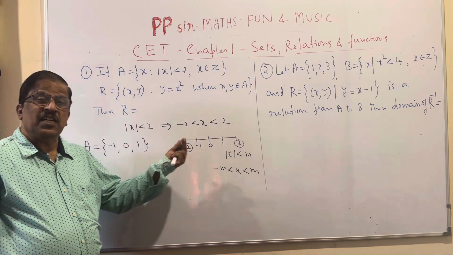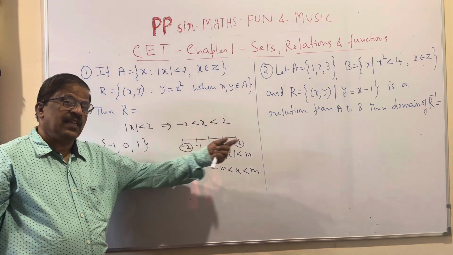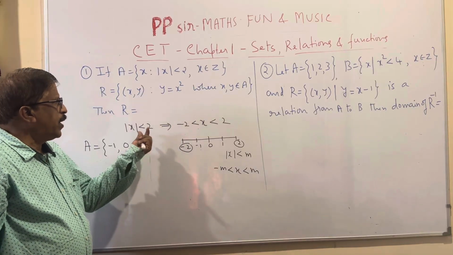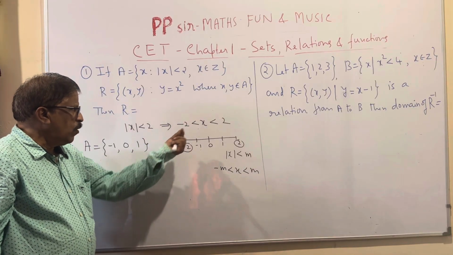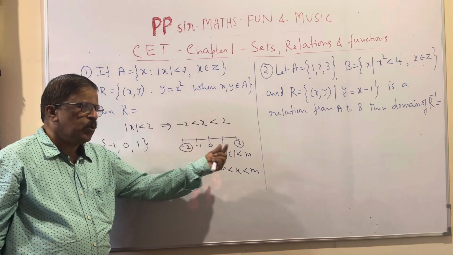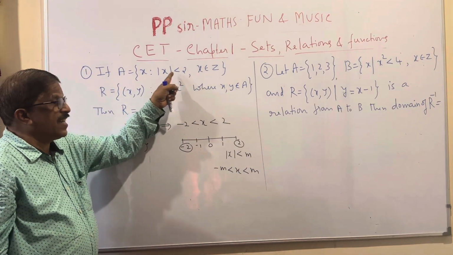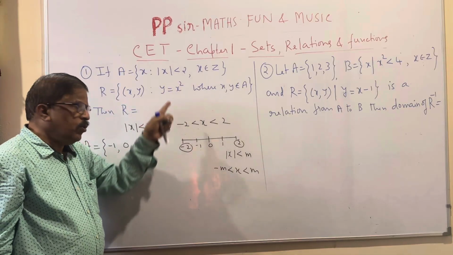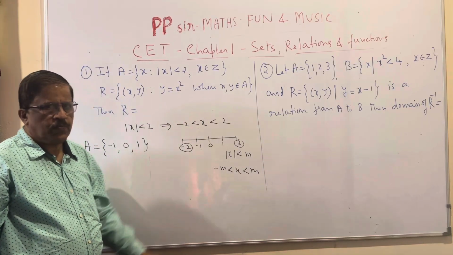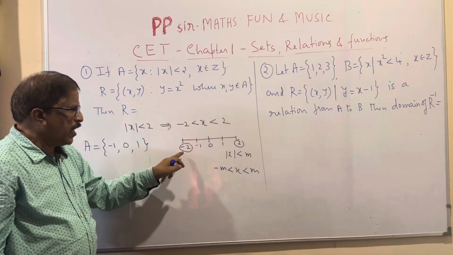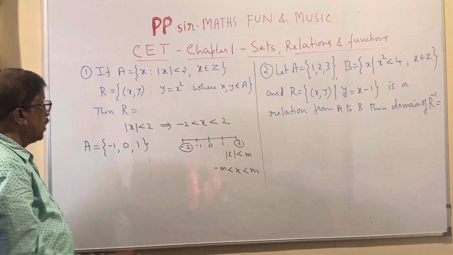If it's mod x strictly less than 3, then it's minus 3, 3 like that. So the value of x should lie between minus 2 and 2, but boundary points cannot be taken since it is strictly less than. If it is less than or equal to, then you have to take minus 2 and 2 also.